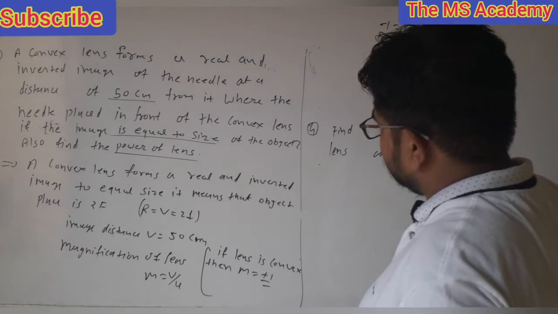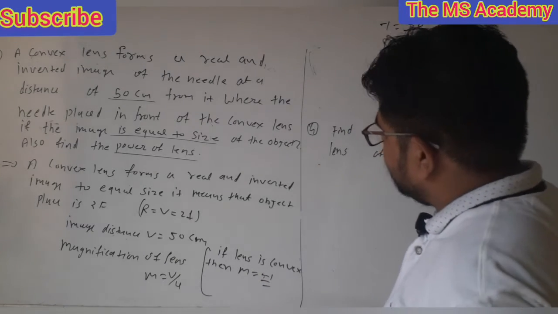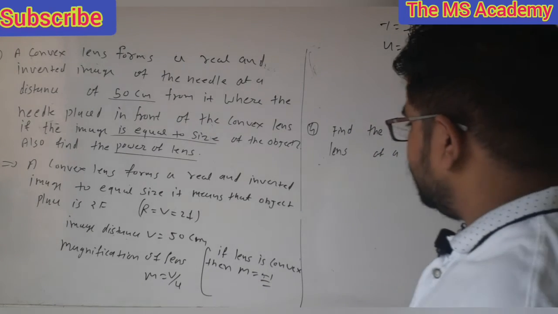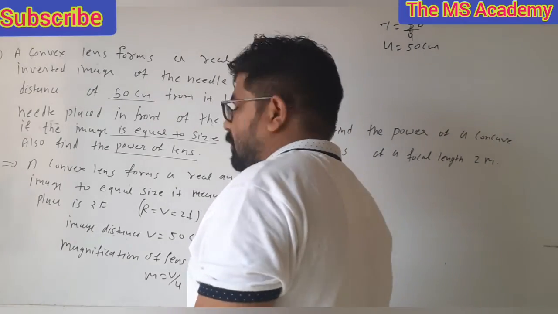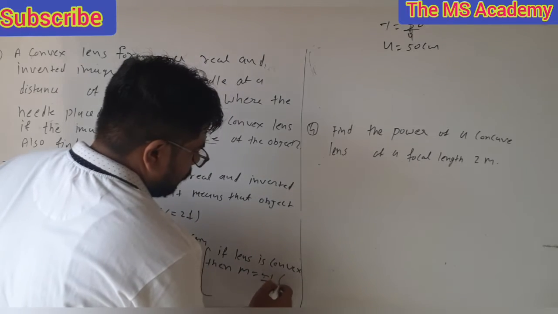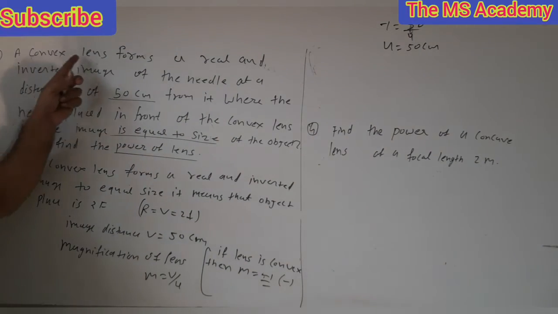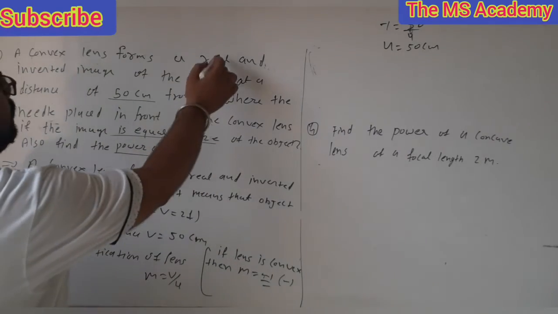Sorry, magnification is negative. If the image is real, then magnification is always negative, because a convex lens forms a real image.